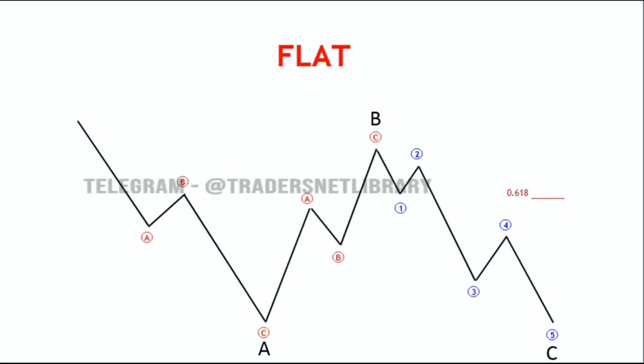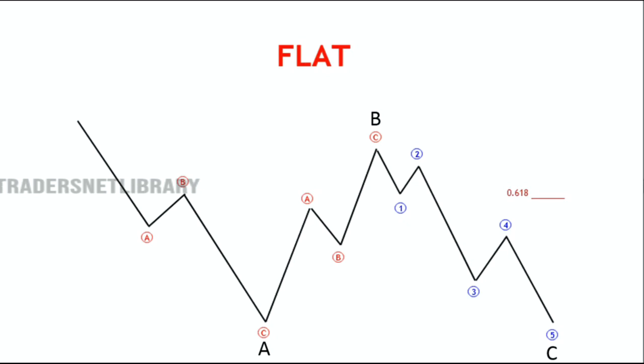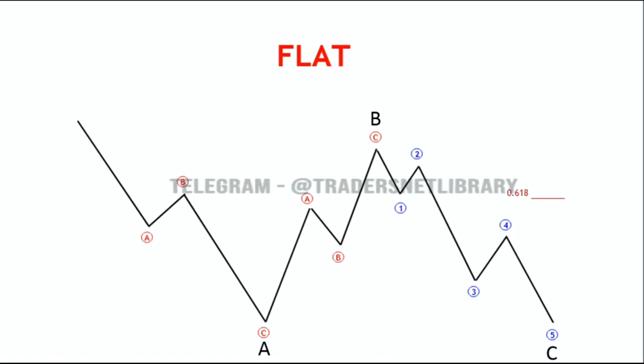Wave A can be in the form of a zigzag or flat correction. In other words, if wave A is of the zigzag type, it has a structure of 5-3-5, and in this case, wave A has a 3-wave structure.